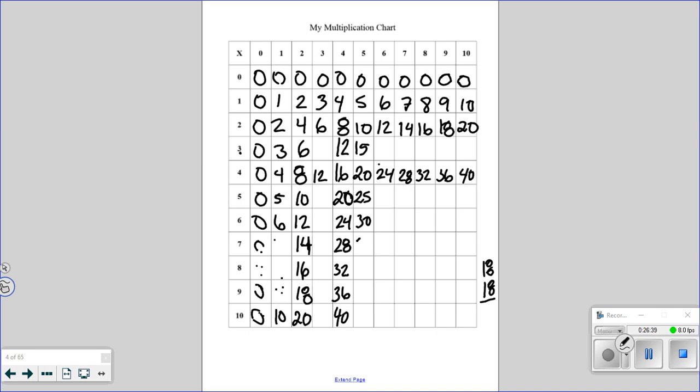Very good. Callie, what's going to come next? That doesn't say 36. What is 5 times 8? Go ahead and choose that. Try that again.